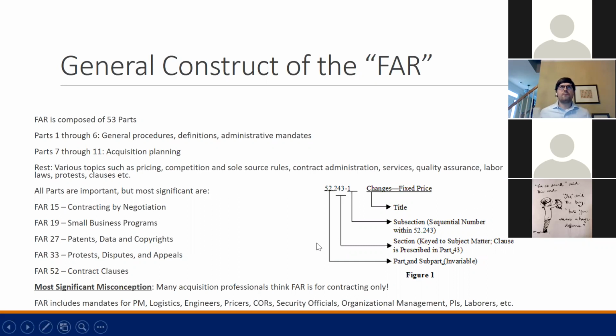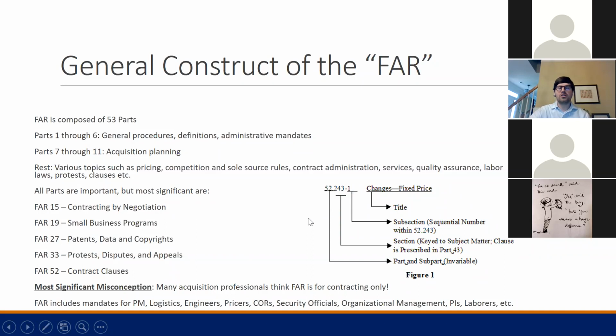One way I like to think about it is almost like the Dewey Decimal System, where each of the parts is on a specific topic of the acquisition. And of the 53 parts, the one that is most focused on is always FAR 52, which is the clauses themselves.